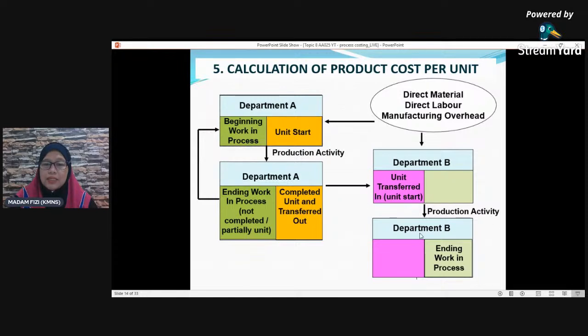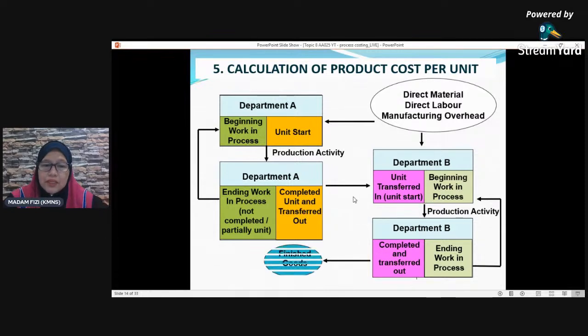So, kita nak letak mana? Dia akan jadi beginning work in process in department B untuk kerja ataupun proses yang akan datang. Then yang dah siap in department B, kita namakan dia completed and transferred out. Oleh kerana dia ada dua department saja, dia akan dipindahkan dan jadi apa?